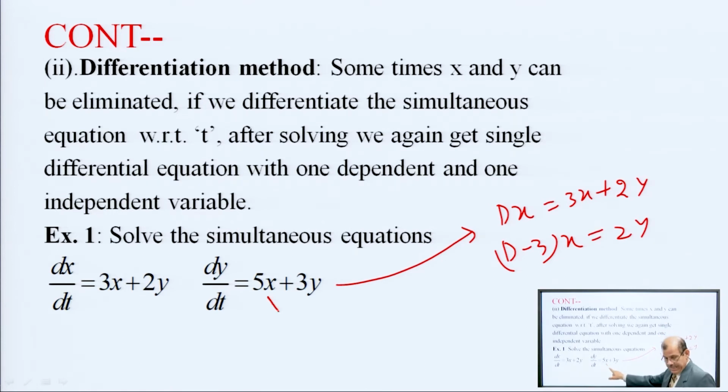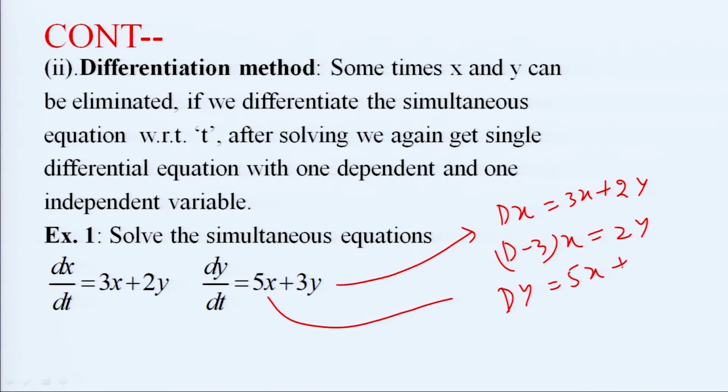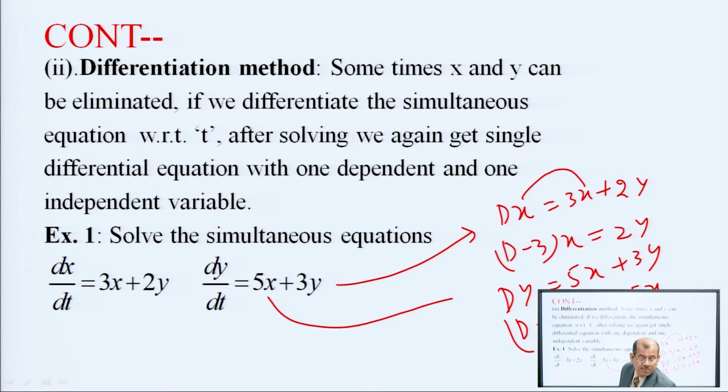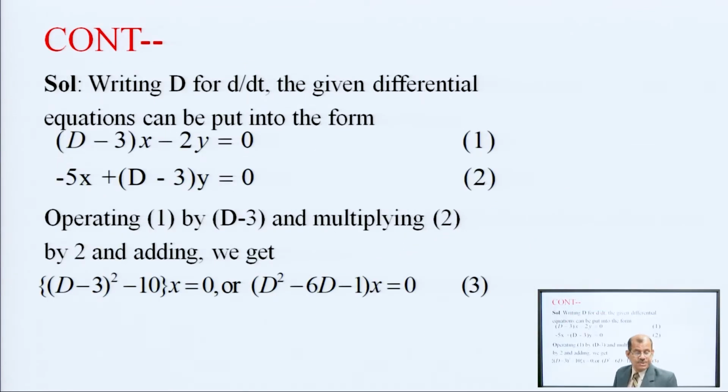And the second equation is D y is equal to 5x plus 3y, means D minus 3 y is equal to 5x. We take the transpose, and combine and convert the equations.